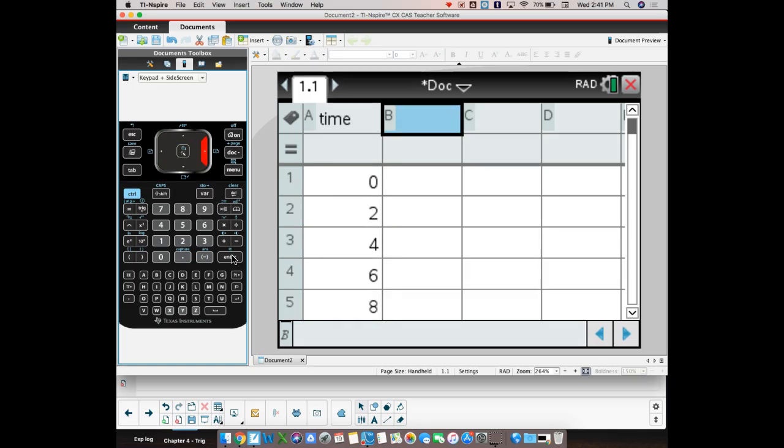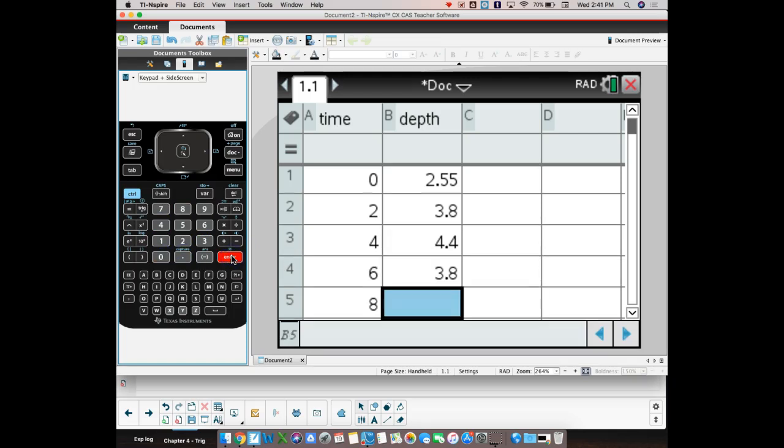Then we need to go over what do we need to put in for our second column? Depth. .55, 3.80, 4.40, 3.80, 2.55, 1.80, and 2.27.